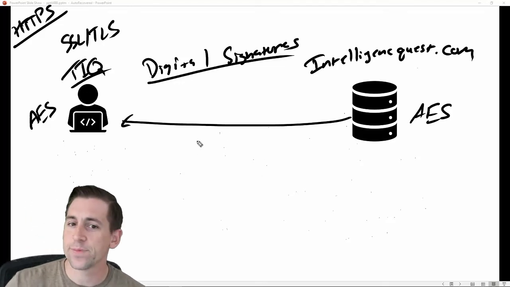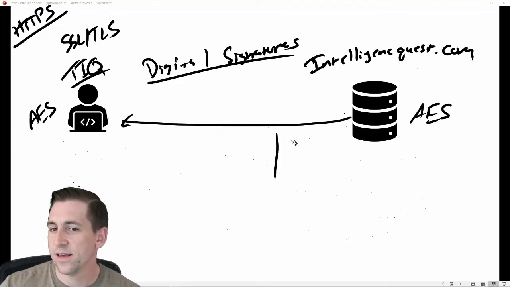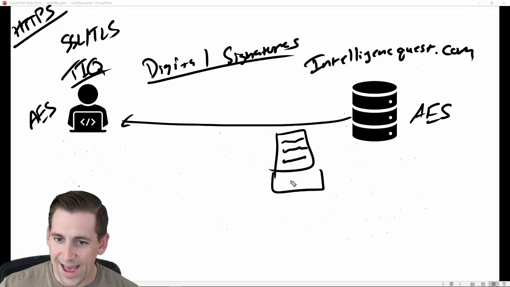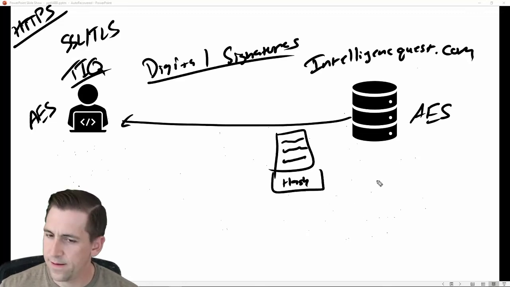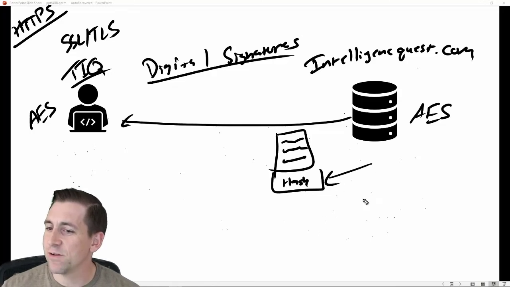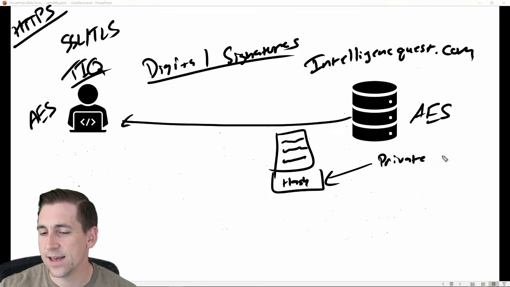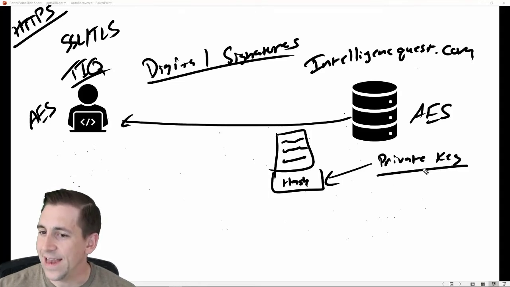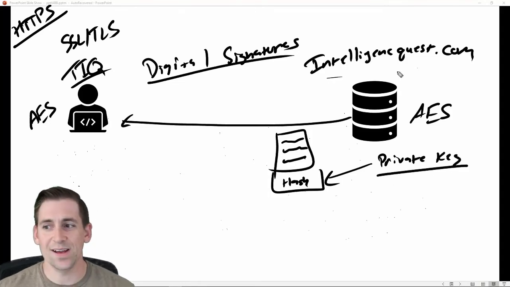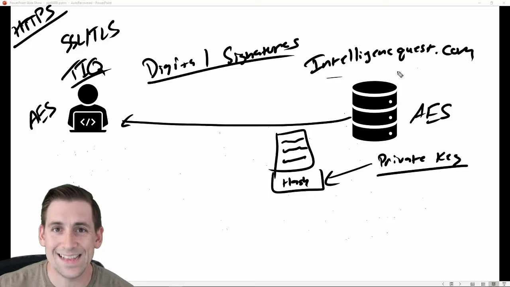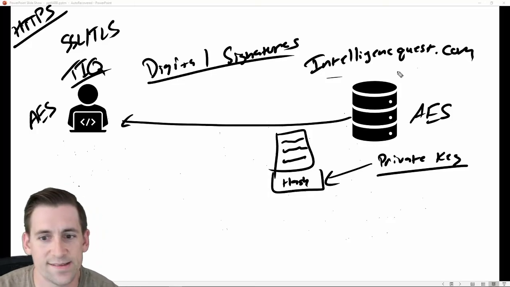Okay. A digital signature. Intelligence Quest formats a message, hashes the message, and then encrypts the hash with Intelligence Quest's private key. Now I know it came from Intelligence Quest. Again, the concept of asymmetric encryption. The only entity that should have this private key is Intelligence Quest.